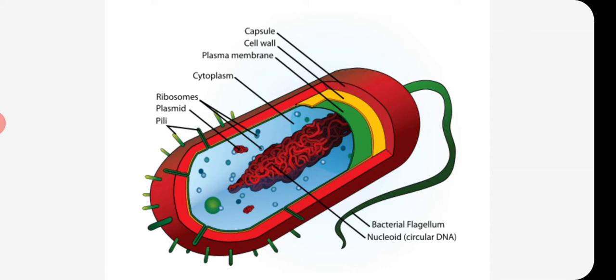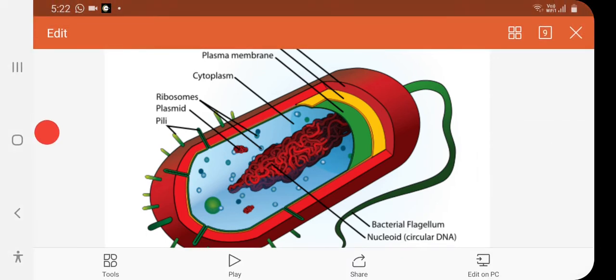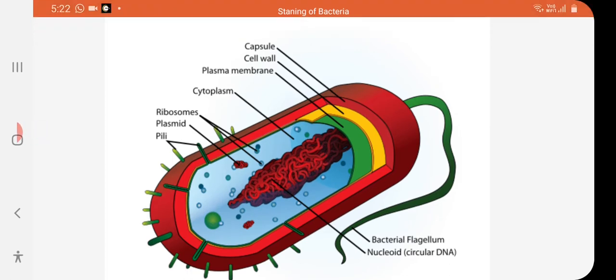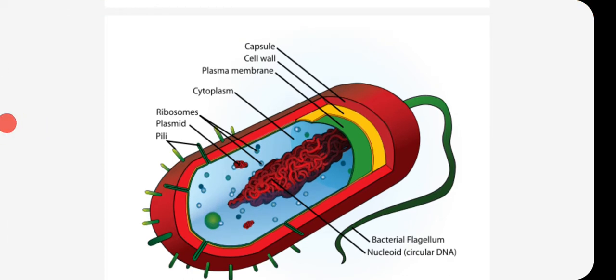Here the gram positive and gram negative strains are identified by the gram staining procedure. So we are going to take a short look at gram staining. Actually, Christian Gram first stained the bacteria by using crystal violet stain, also known as gram staining.